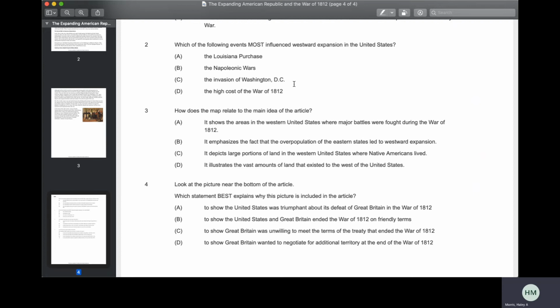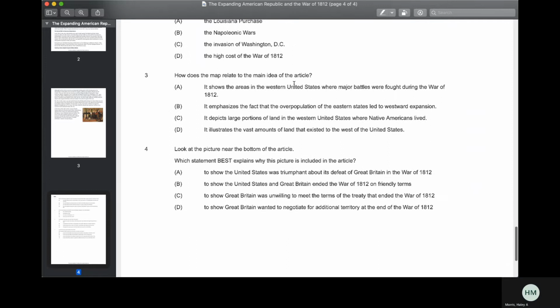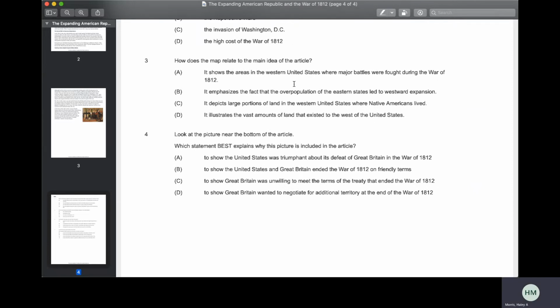Number 2, which of the following events most influenced westward expansion in the United States? The Louisiana Purchase, the Napoleonic Wars, the invasion of Washington, D.C., or the high cost of the War of 1812? Number 3, how does the map relate to the idea of the article?